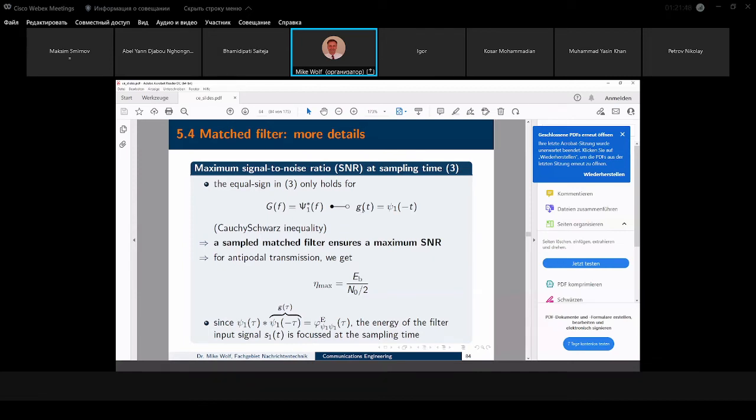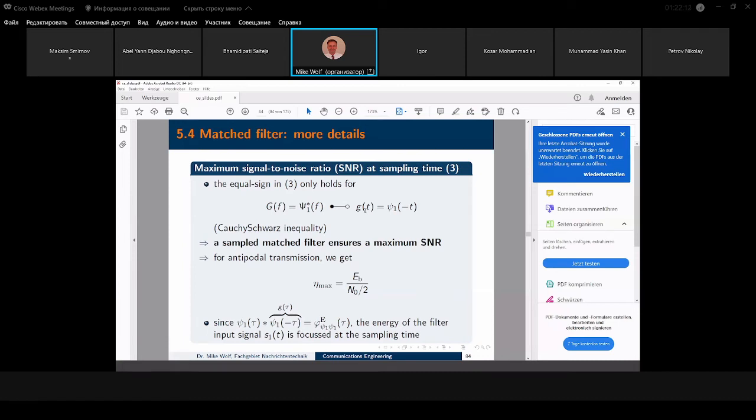In this case, G of t, the impulse response, needs to be psi1 of minus t. Again, this is just the non-causal, the anti-causal version of our pulse. We cannot realize this in practice because we cannot realize a filter which is not causal. So the impulse response begins before t equal to 0.